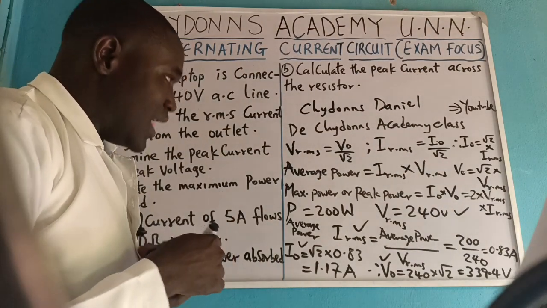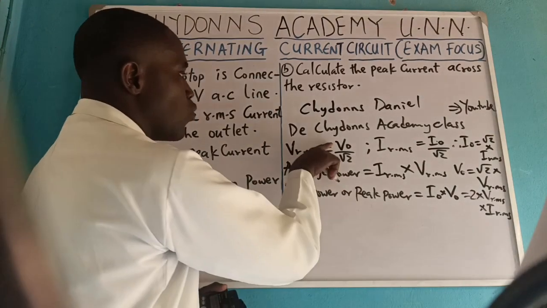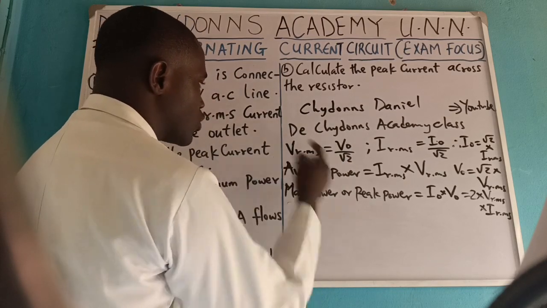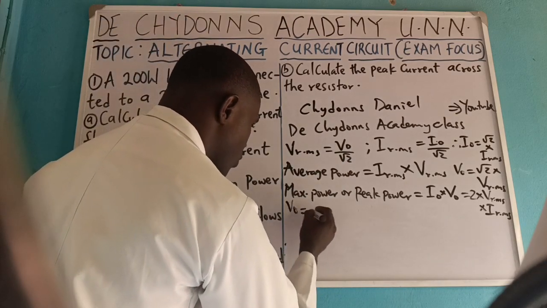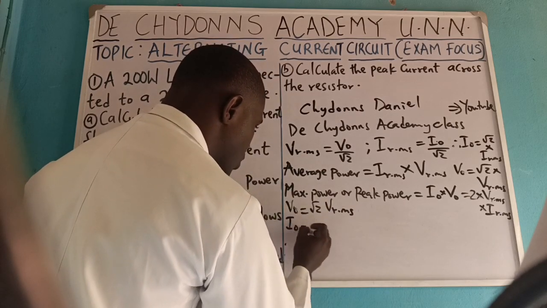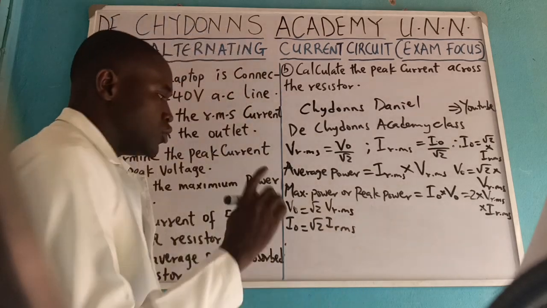Okay, let's understand what we are saying here. We noted that V0 equals root 2 times V root mean square. I0 is equal to root 2 times I root mean square.